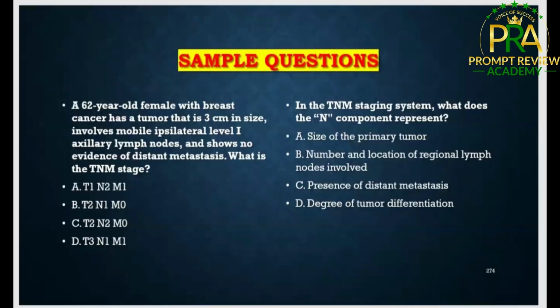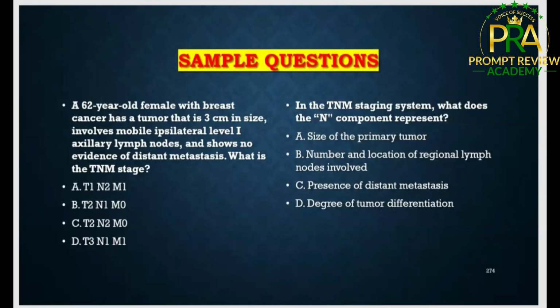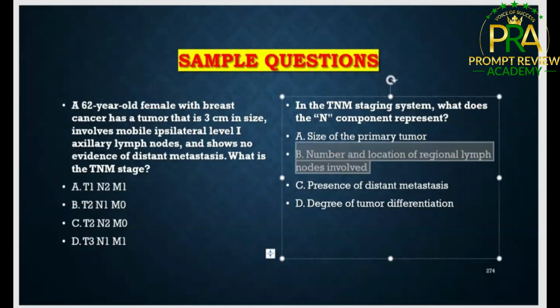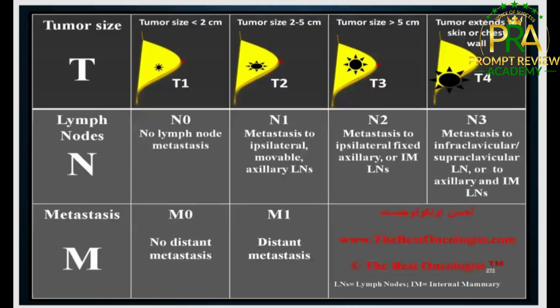And sometimes they can ask you, in the TNM staging system, what does N represent? I said that we have TNM. N is your lymph node. So what does that represent? The number and locations of the regional lymph nodes that are involved. The primary tumor size is the T, so that is A. Presence of distant metastasis, that is your M. But what they are asking you is N. N is your lymph node.